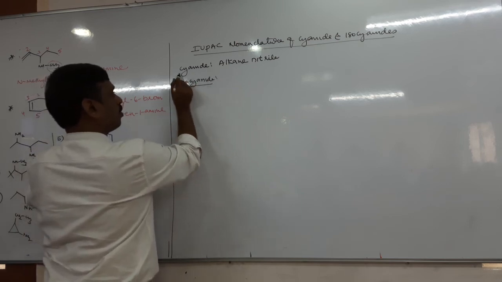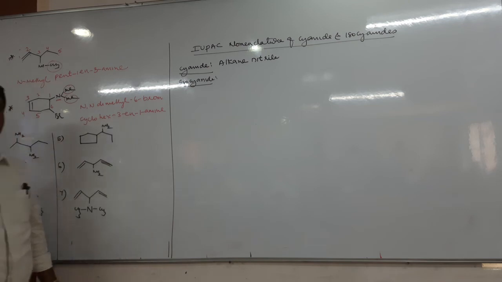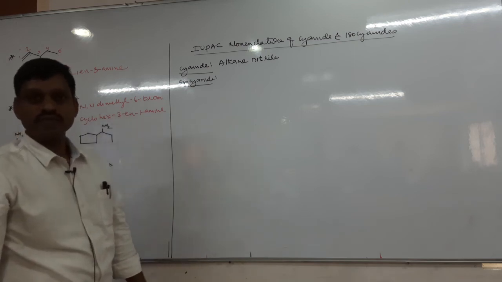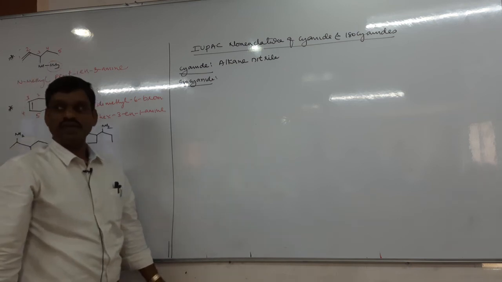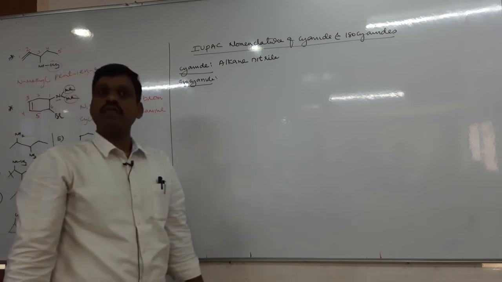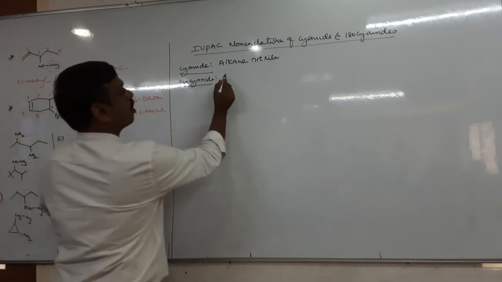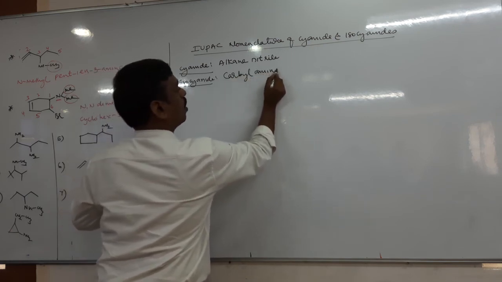One important name reaction is there. Test for identification of primary amines. Carbylamine test, right? You will get their isocyanide. The IUPAC name of isocyanide is carbylamine.